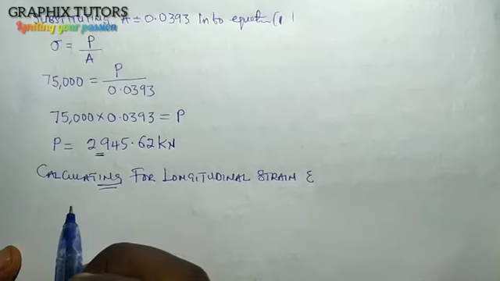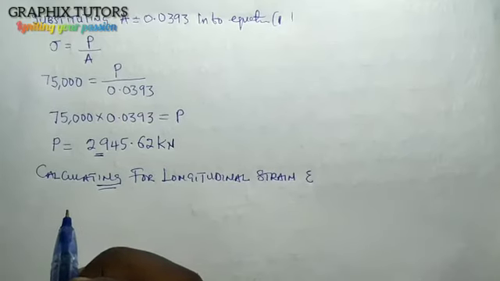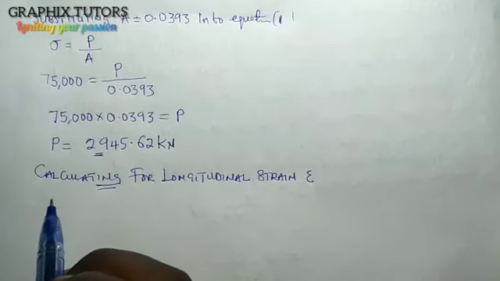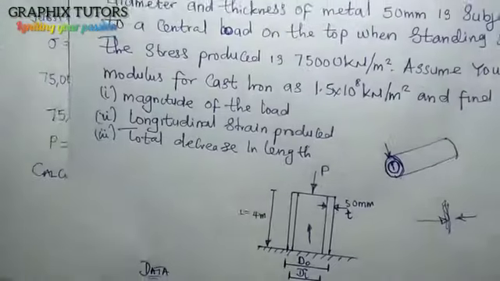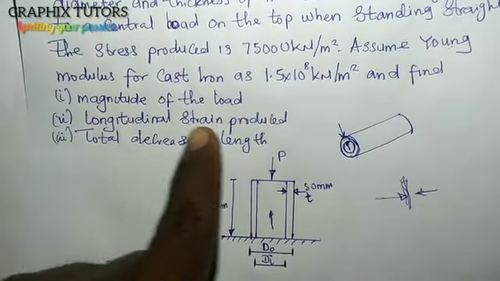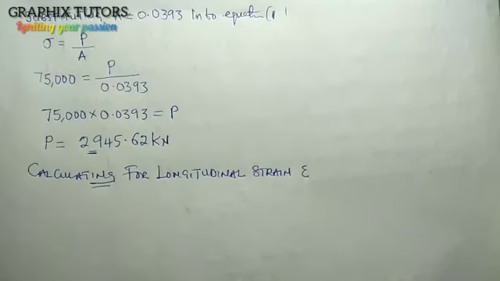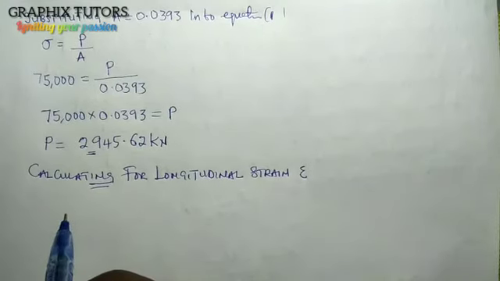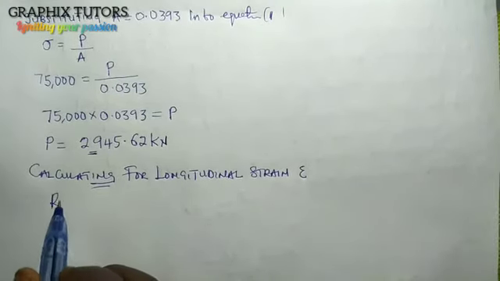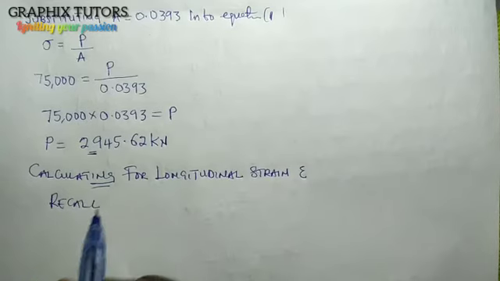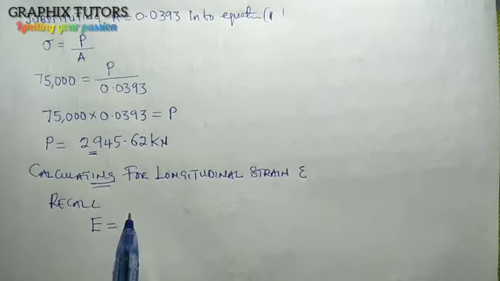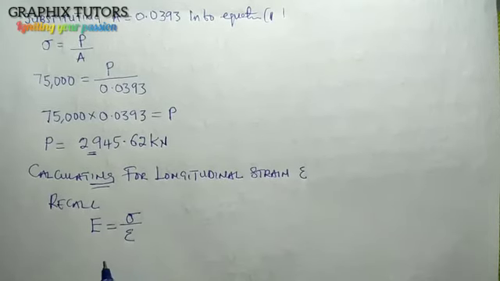We know from our formula, because we're going to calculate for longitudinal strain produced from our question here. So recall that Young modulus E is equal to stress over strain, right?